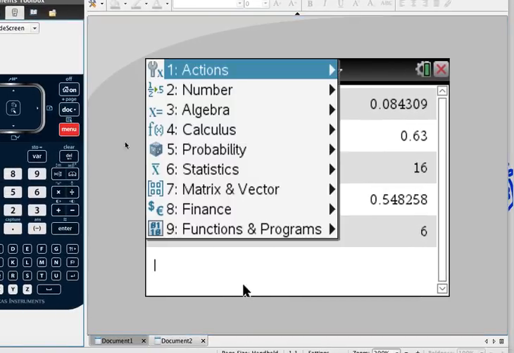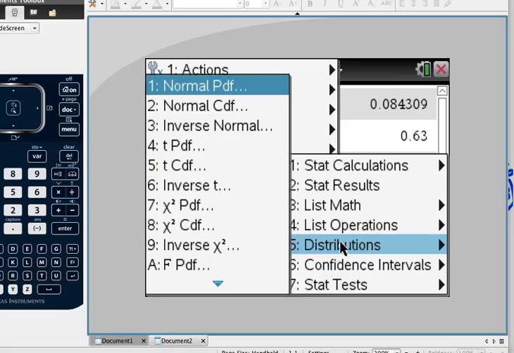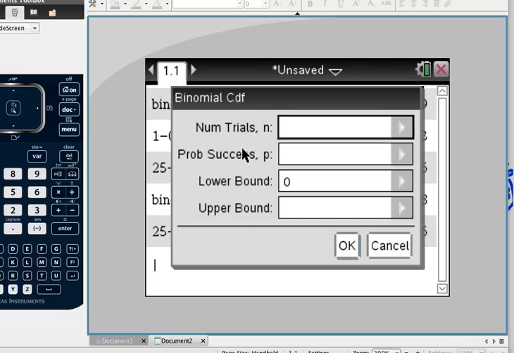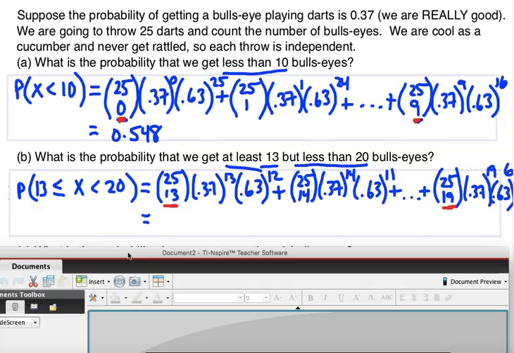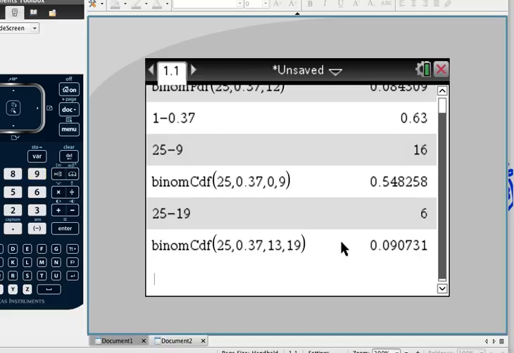So we're going to do menu 6, 5, arrow down to binomial CDF. The number of trials was 25. The probability of success was 0.37. This time the lower bound was 13 and the upper bound was 19. And then you hit OK and you get 0.0907.